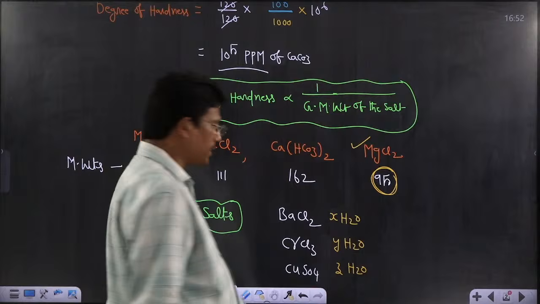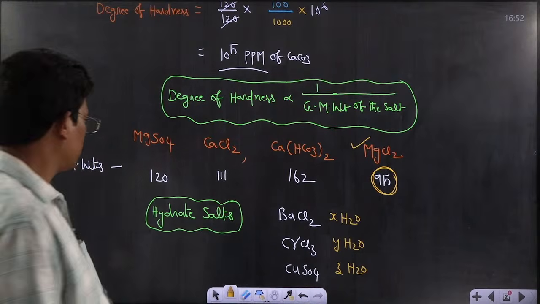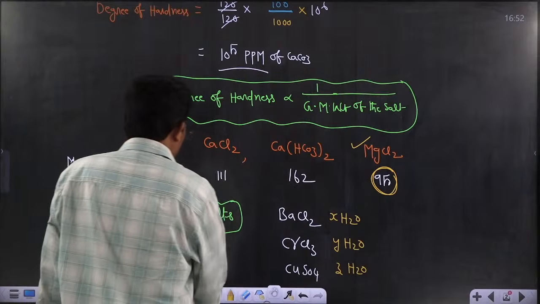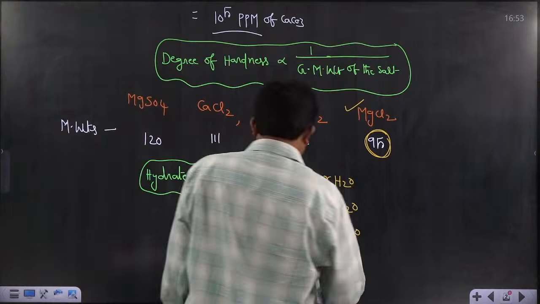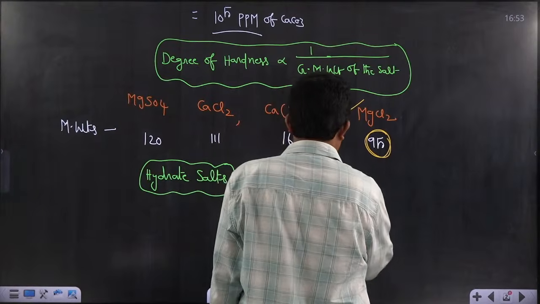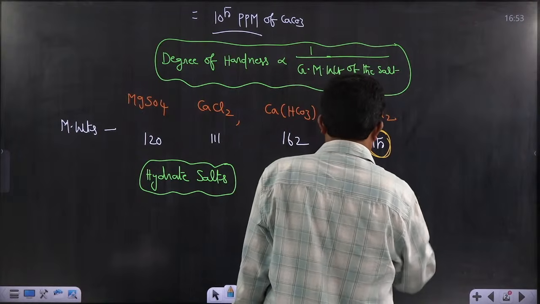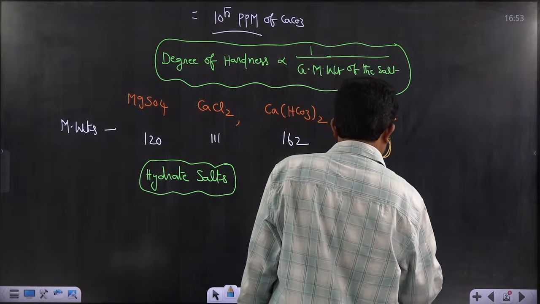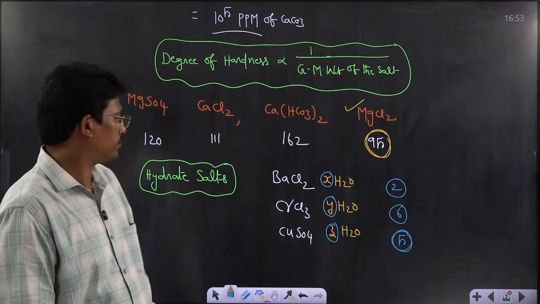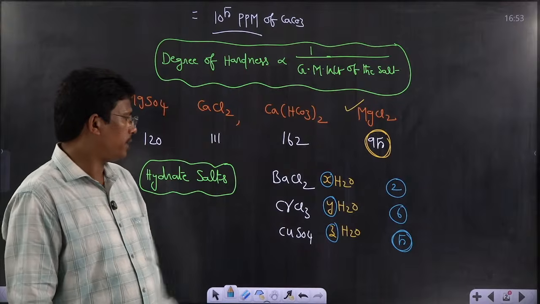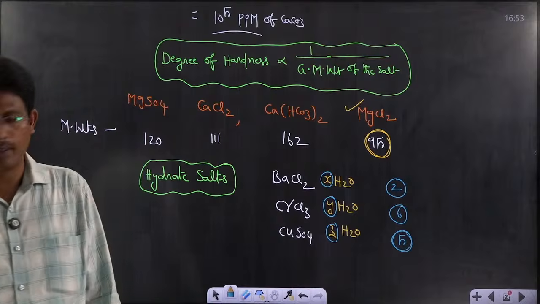Identify X, Y, Z, the number of moles of water molecules. Salt along with water is called a hydrate salt. Here X, Y, Z are 2, 6, 5: copper sulfate pentahydrate, chromium chloride hexahydrate, barium chloride dihydrate.